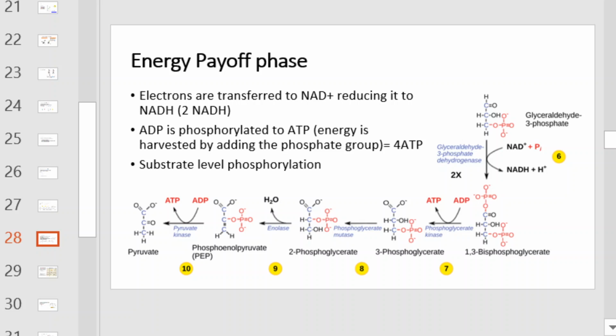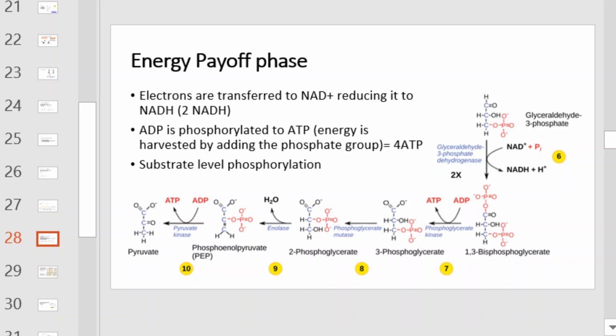This is the energy payoff phase. Here, electrons are transferred to NAD, reducing it to NADH2. ADP is phosphorylated to ATP, and energy is harvested by adding the phosphate group. Ultimately, the payoff phase produces a net of 4 ATP.